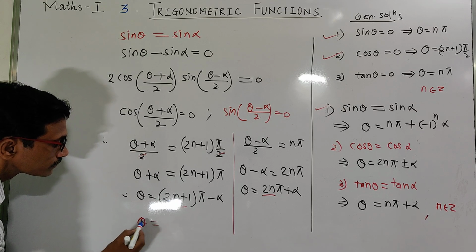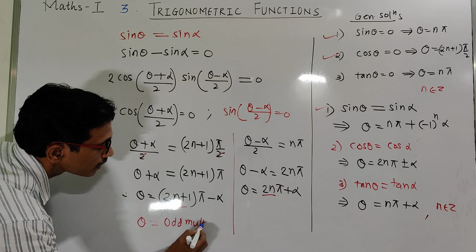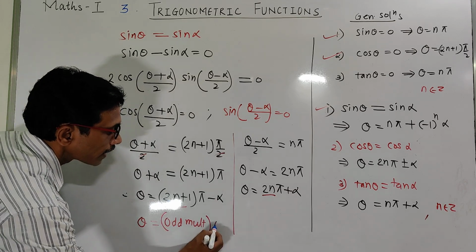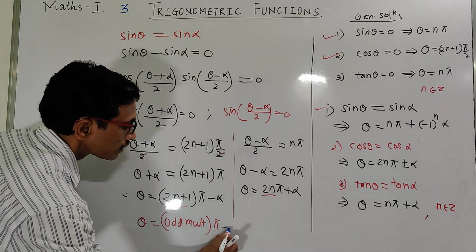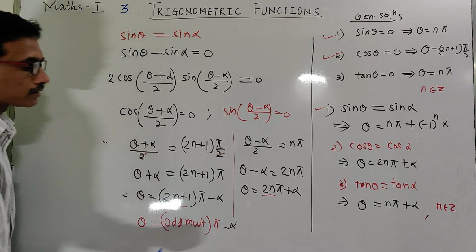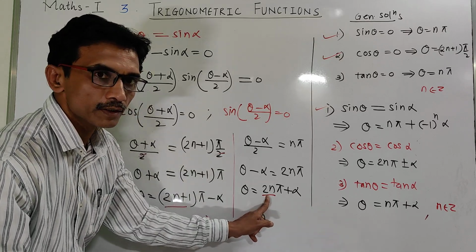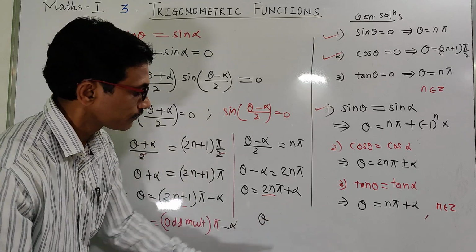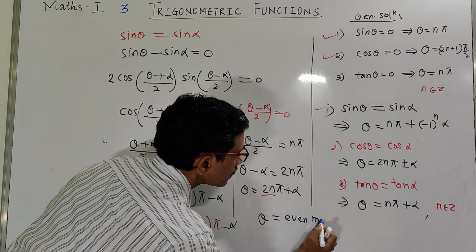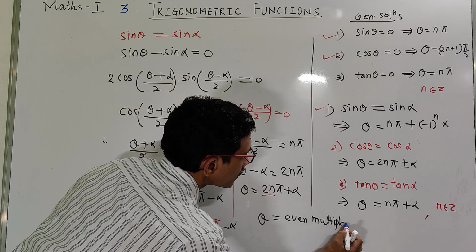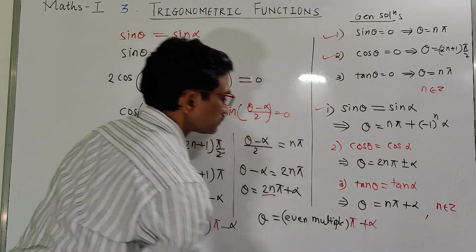Theta is equal to an odd multiple of pi, then minus alpha, and here theta is equal to an even multiple of pi, then plus alpha.